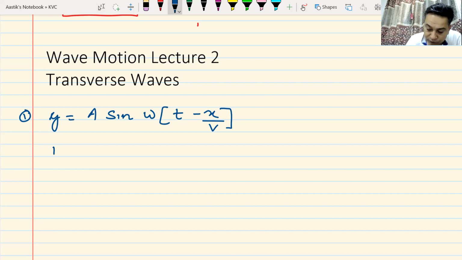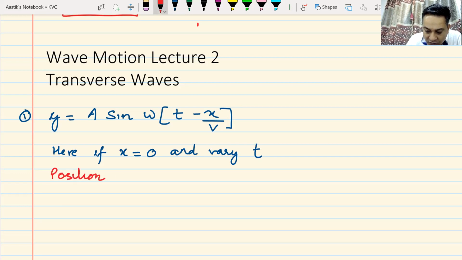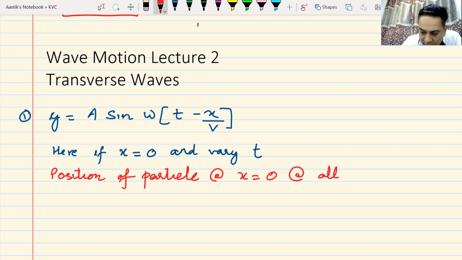Here, remember this. If I put x as 0 and vary time t, then what will happen? I will get the position of the particle at x is equal to 0 at all times.